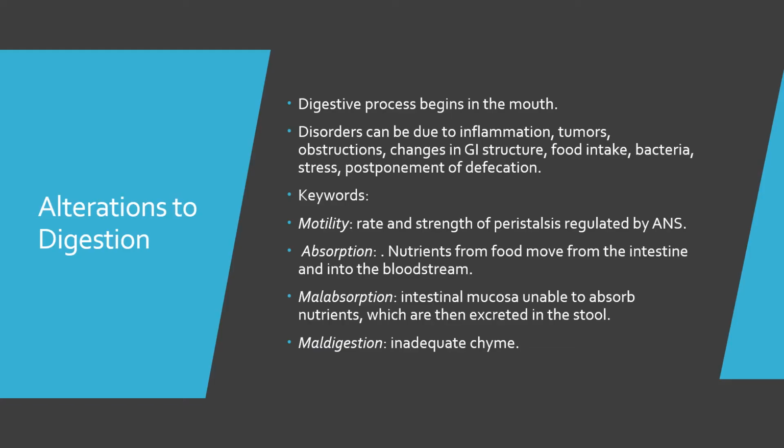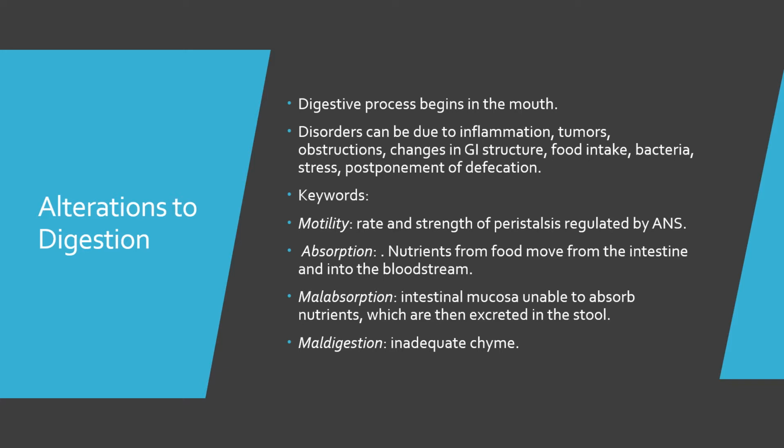So understand that the digestive process begins in the mouth, so any alterations along the GI tract will affect how well that patient can digest the nutrients in their food. We will also want to consider the motility of the GI tract. Understand that that is regulated by the autonomic nervous system.